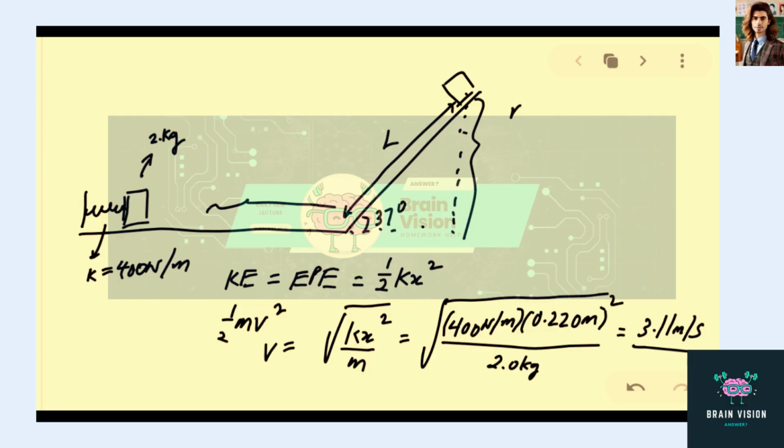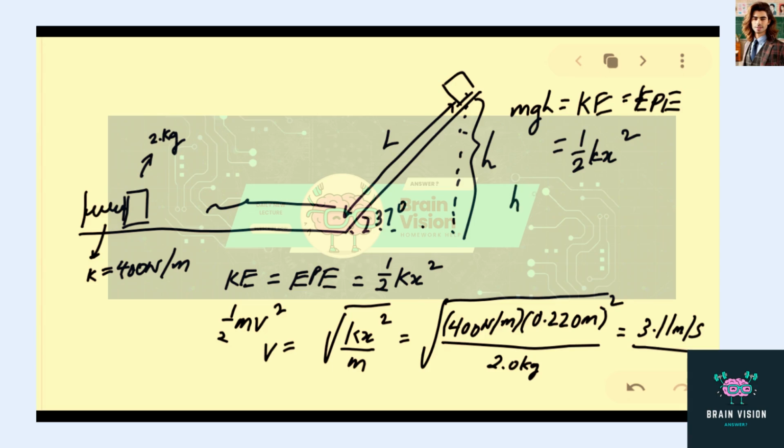Now the gravitational potential energy, mgh, where h is the height, must equal the total kinetic energy that it has, or just the elastic potential energy at its start. So it equals half kx squared. By finding h, we'll be able to find L by trigonometry.